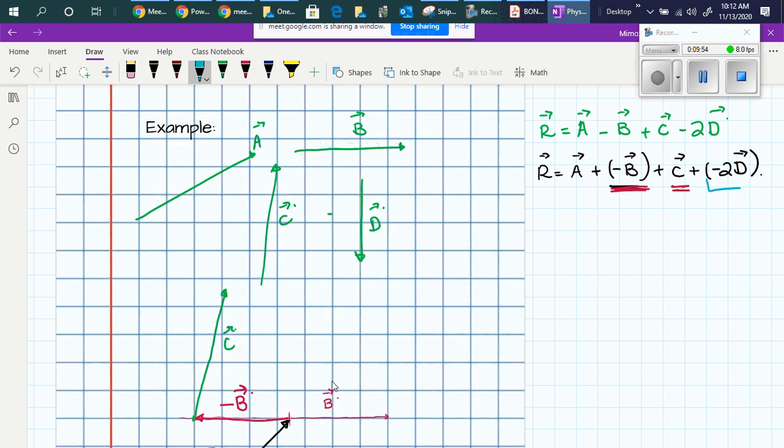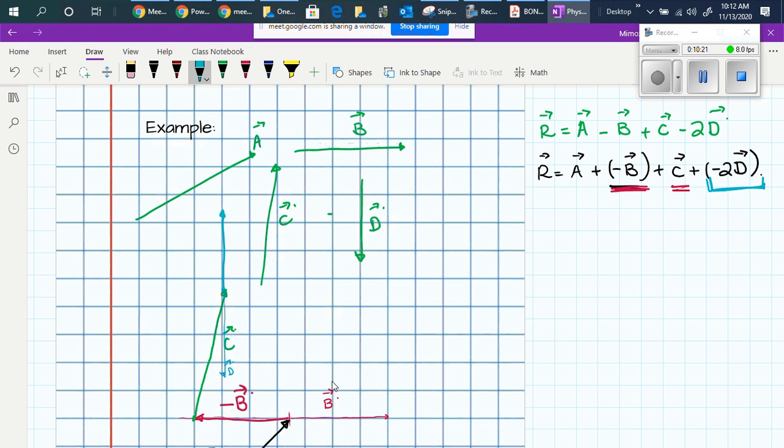And then now what we have is vector negative 2D. If we were going with D, then we would go down, okay? Down about three squares, since this is D. Since we want negative D, we will go in the opposite direction. We will go up, okay? From here it will be about here.